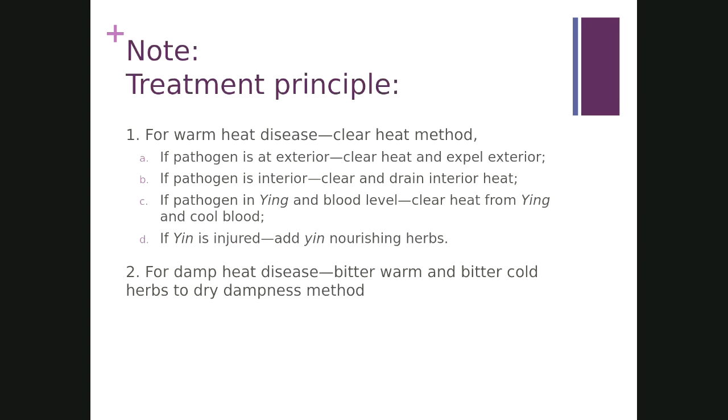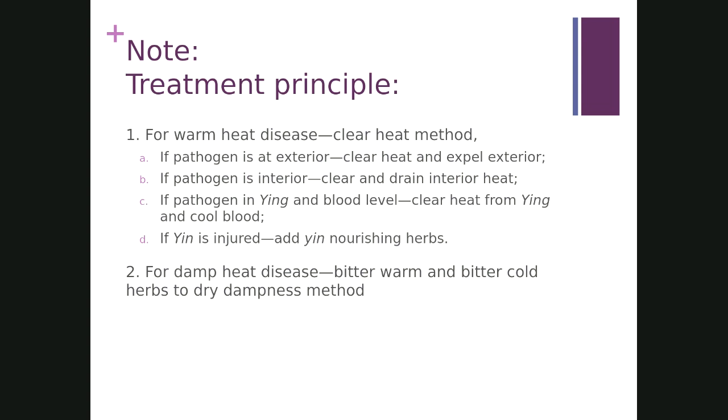And there is a specific note regarding the principle of treatment for warm heat disease. It's very important to understand the different levels of heat in the four levels, and different levels of damp heat in the triple burner. Treatment has specific focus. For example, for pathogens at the wei level, you need to use diaphoretics, clear the heat, and expel the pathogens as soon as possible.